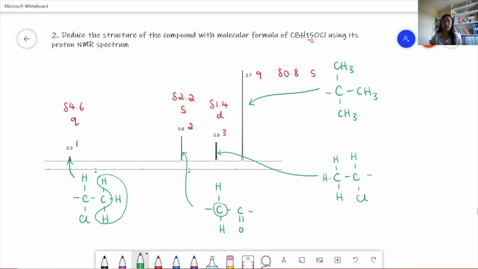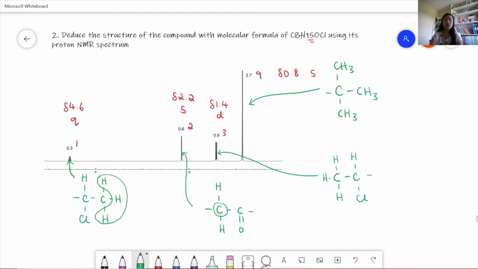And also, the chemical shift value of 1.4 corresponds to 3 R groups attached to a carbon attached to a hydrogen. And if we look at the data book value for 1.4, this corresponds to an R group, 2 R groups, and CH2. And so this looks like it could work.